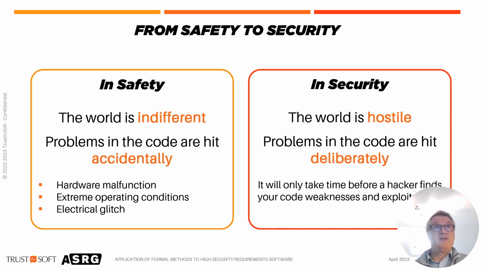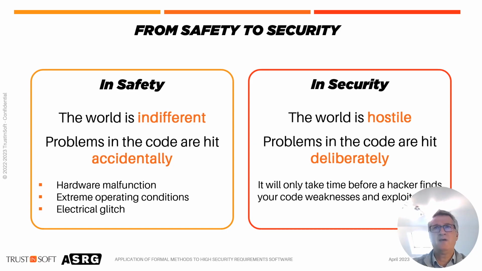What's different between safety and security? Well, and why probably more and more people worry about security, even outside the traditional industry where safety was important, is that in safety, the world can be considered as indifferent. Problems in your code are hit accidentally, either because of a hardware malfunction, extreme operating conditions, or electrical glitches, stuff like that.